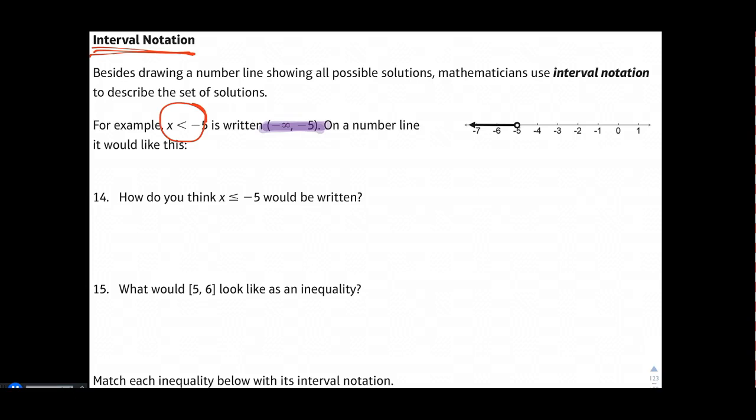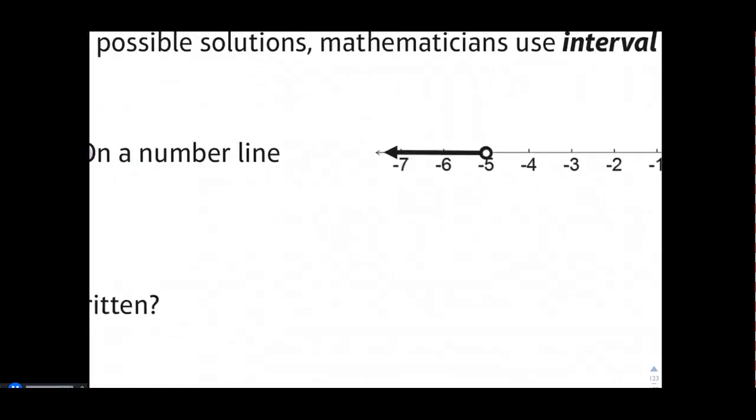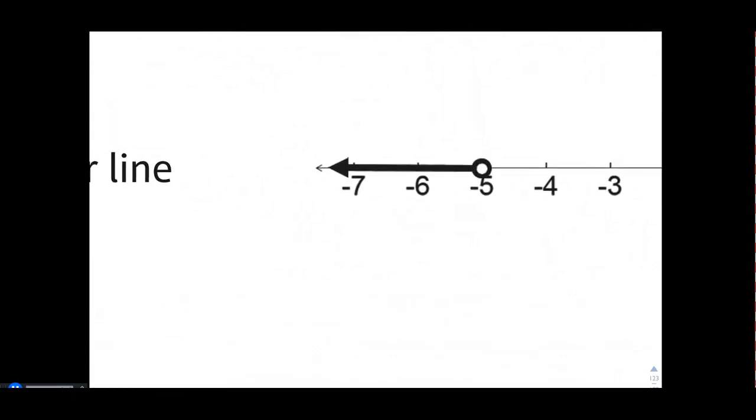So if I look at this, it is an open circle. An open circle means that I'm going to give a parenthesis. If I look at this, it has an arrow. An arrow means I'm going to give a parenthesis. The open circle is on -5, so I put a -5 there.